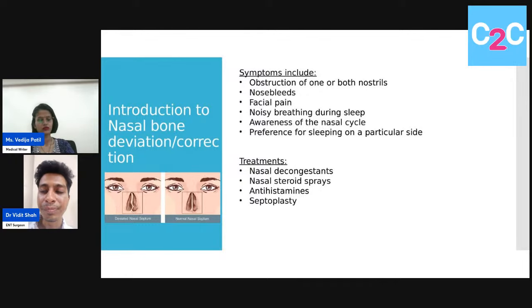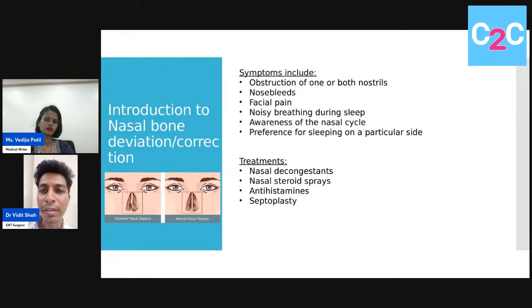But for me to tell you right now, we don't ask patients to undergo surgery at the first visit. We give the patients a trial of nasal decongestants, nasal steroid sprays, and antihistamines, anti-allergic medications.